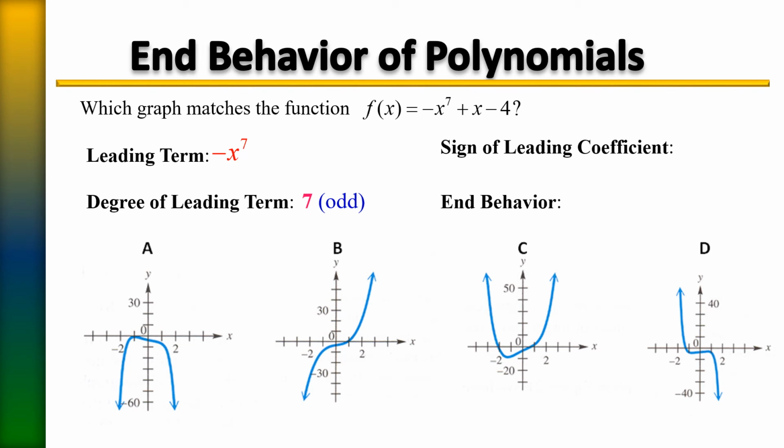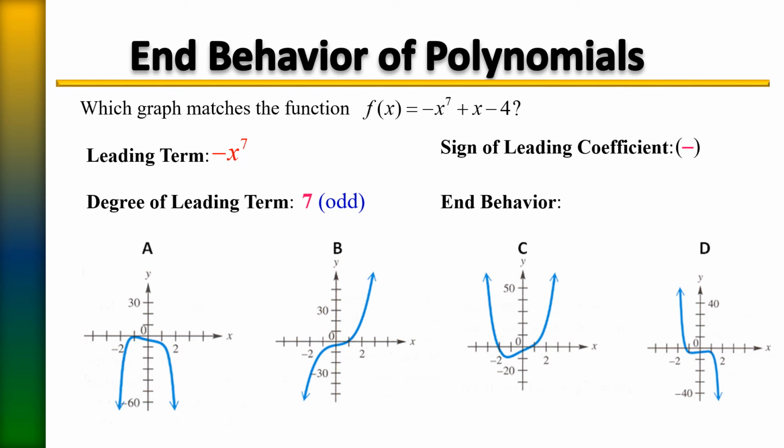Well, what determines those ends would be the sign of the leading coefficient, and the coefficient of the leading term is negative 1. So that's a negative number, which means that from left to right it's going to fall. So in other words, it's going to start out with a rise and then fall.